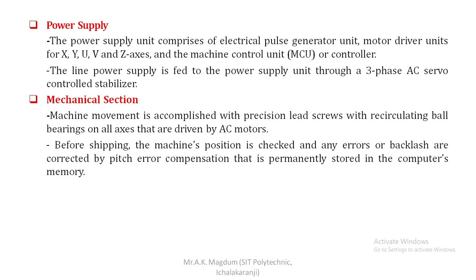Before shipping, the machine's position is checked and any errors or backlash are corrected by pitch error compensation that is permanently stored in the computer's memory. That is a very important application of this mechanical section, with various components provided in the wire EDM process.